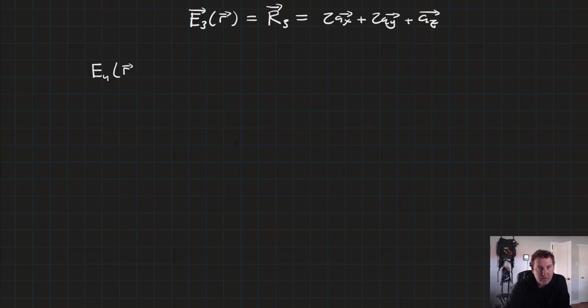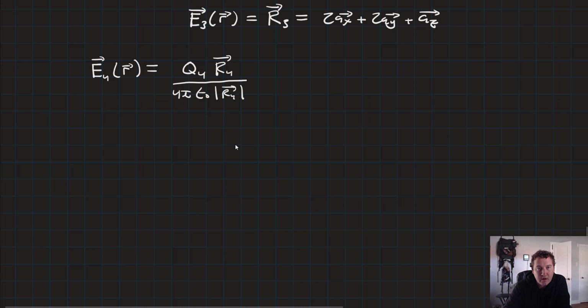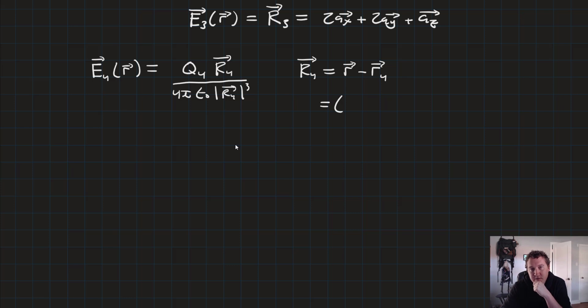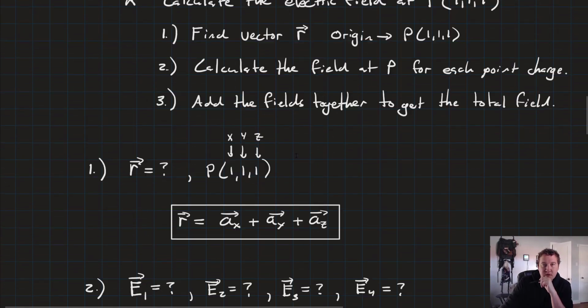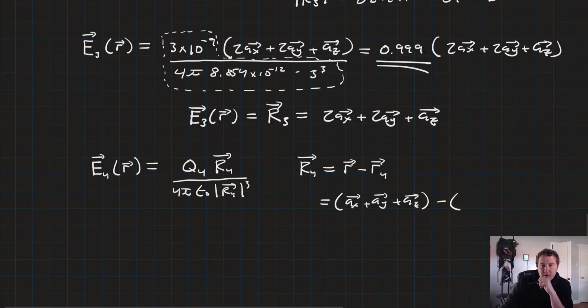Now, finally, the last one, E4 as a function of R, will be equal to Q4 times big R4 over 4 pi epsilon naught times the magnitude of R4 cubed. So capital R4 is equal to little r minus little r sub 4, which is ax plus ay plus az minus, let's see what point 4 was, 1, negative 1, 0.